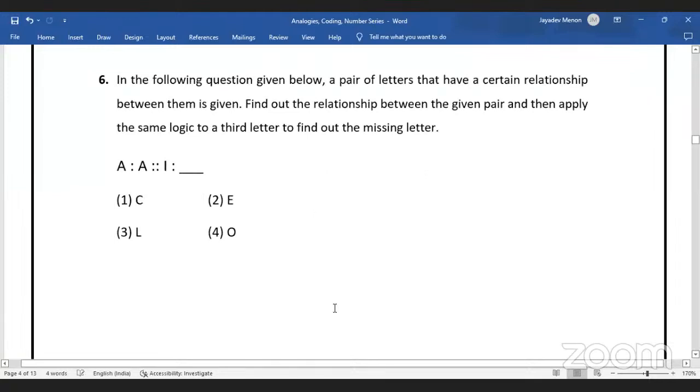Here we have a pair of letters. So if there are letters, we should check with their alphabetical positions. The pattern will be with their alphabetical position.